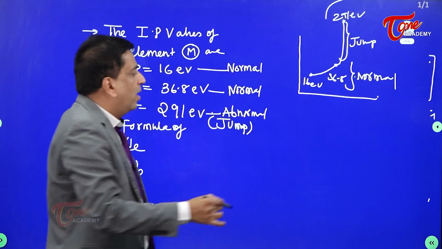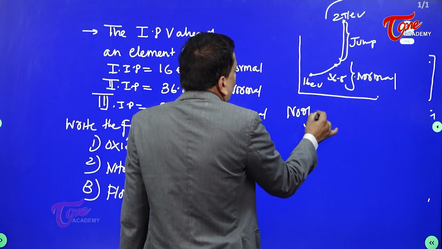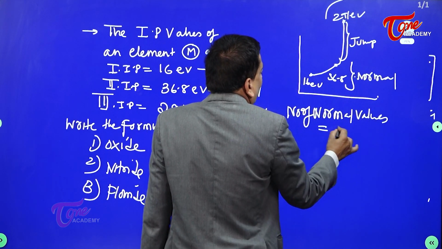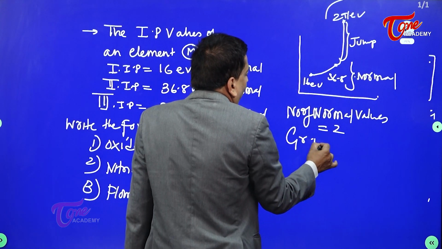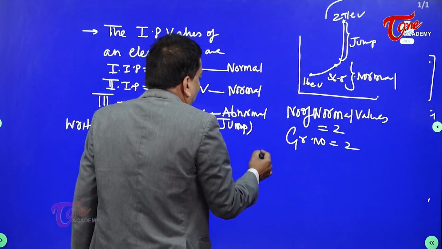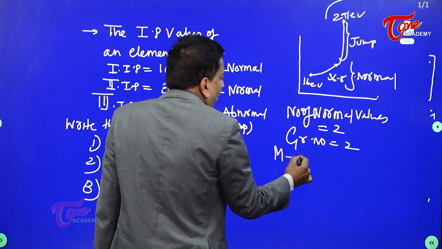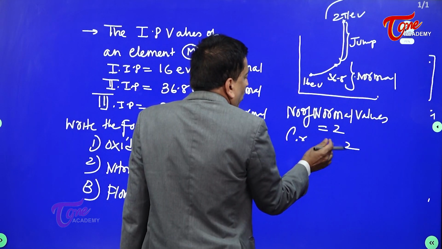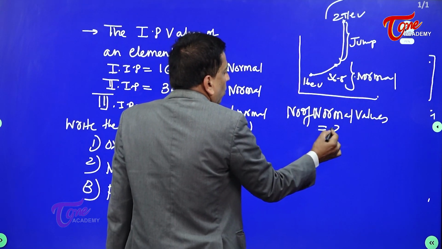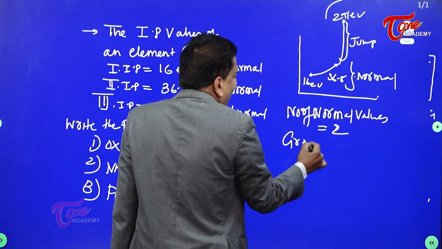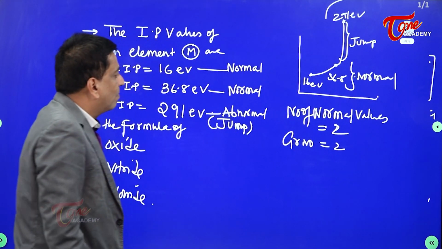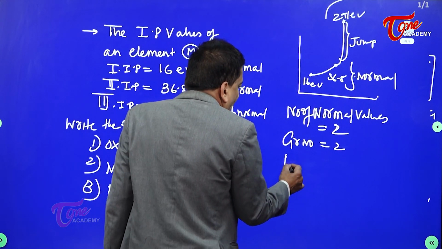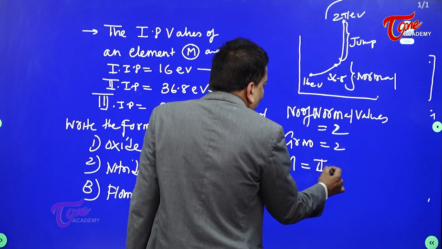And as we know, the number of normal values is 2, so the group number is also 2. The element M belongs to the second group.